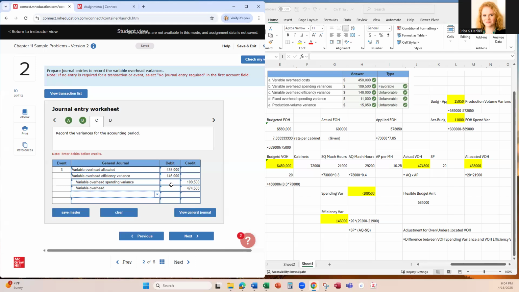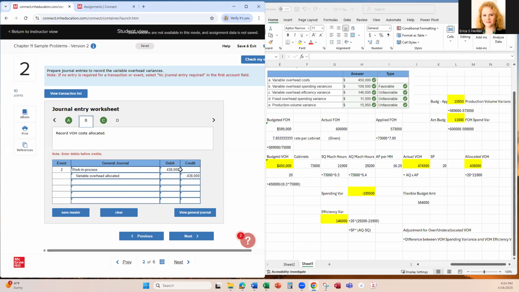But ultimately, we don't want these numbers sitting out here forever and just building up. So we zero these out into our cost of goods sold at the end of the day, which is where the cost of all of the other inventory ends up. Because what we put in our work in process here was only the amount that we allocated.